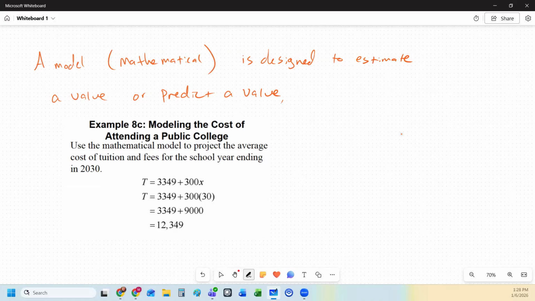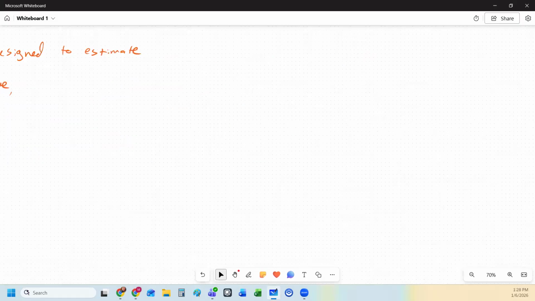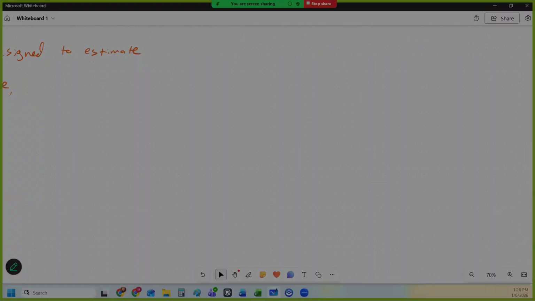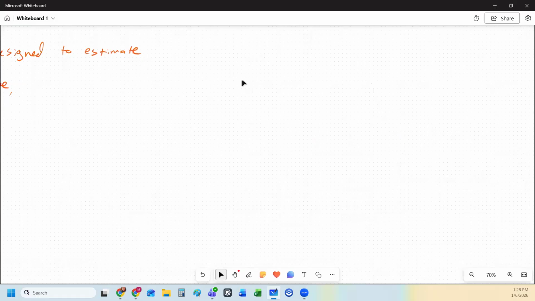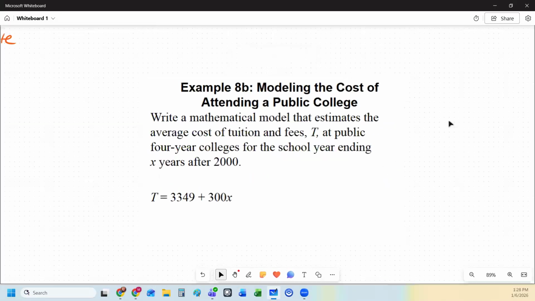So, oh, I cheated. I grabbed the wrong one. This one is what we want to look at to start. So we're asked to write a mathematical model that estimates the average cost of tuition and fees at a public four-year college for the school year ending in X years after 2000.